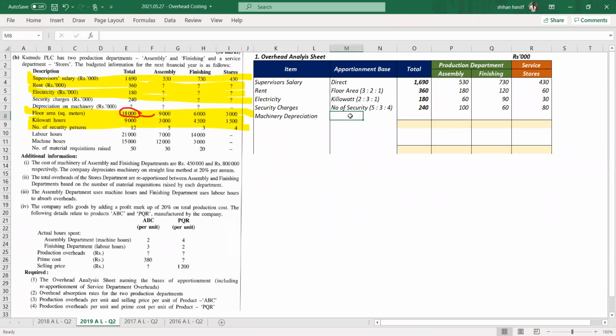Machine depreciation. We have to depreciate the machinery based on the cost of the machine and the depreciation rate. To calculate the depreciation, the machinery values are given in the additional information, so it's directly given.